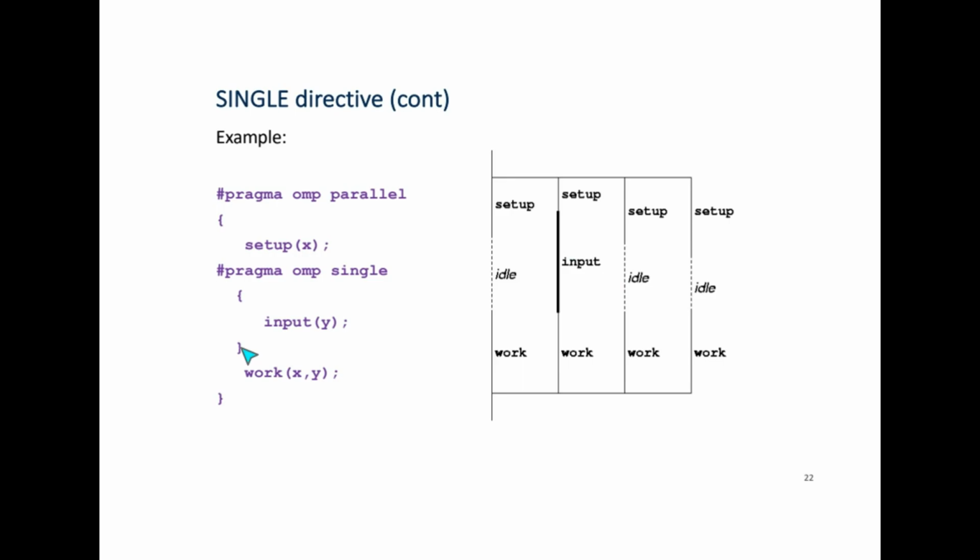So they might be idle for some time until input has happened. And then once input completes on thread 1, the barrier completes and releases all the threads, which can go ahead and call work.